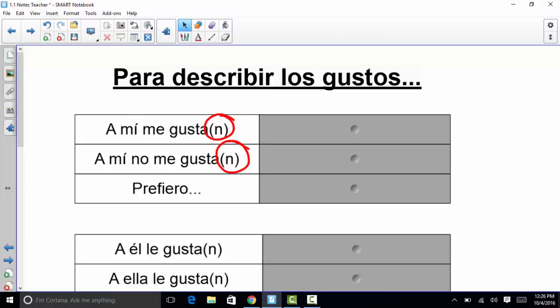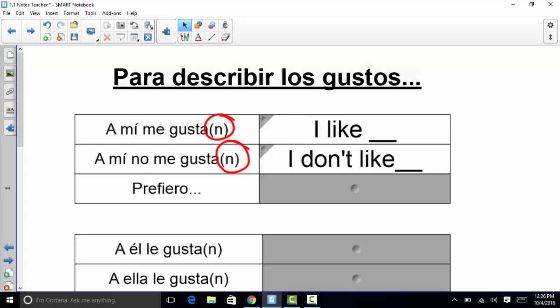So the first one, a mí me gusta, would be I like. A mí no me gusta, I don't like. And then I added in prefiero here to show you a different way to say a similar thing. So prefiero comes from the verb preferir, which means I prefer.